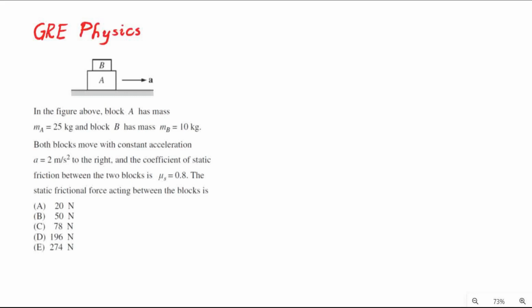Let a force F be acting here on this system of two blocks, and this F is given by Newton's second law of motion to be mass of block A plus mass of block B times acceleration of the system.